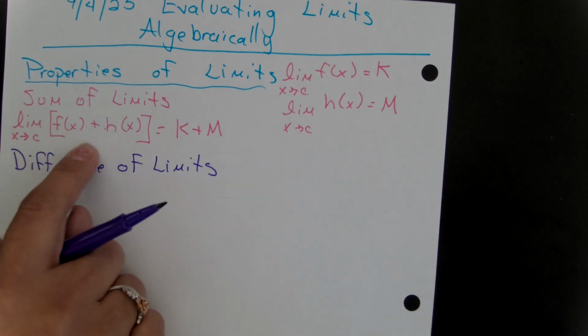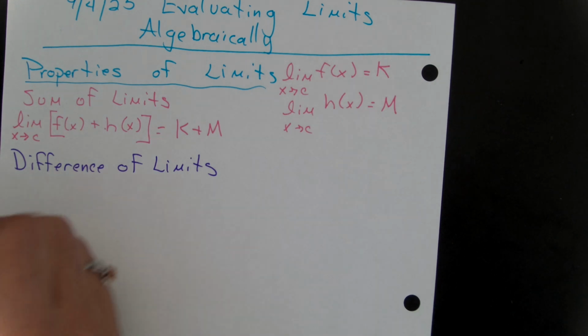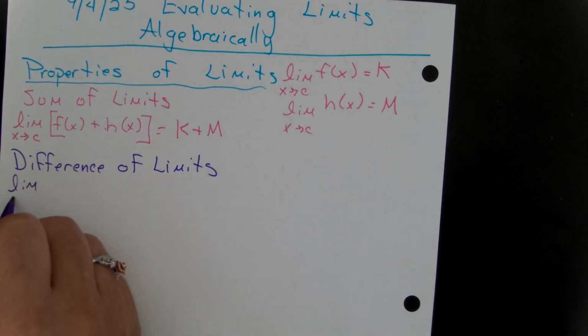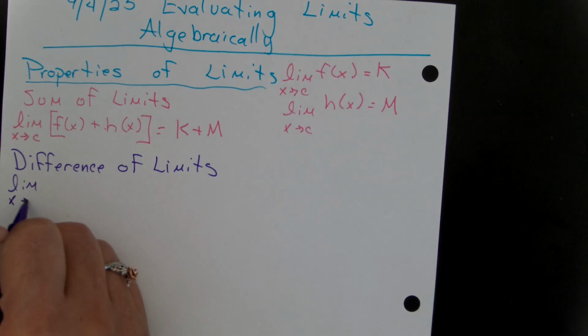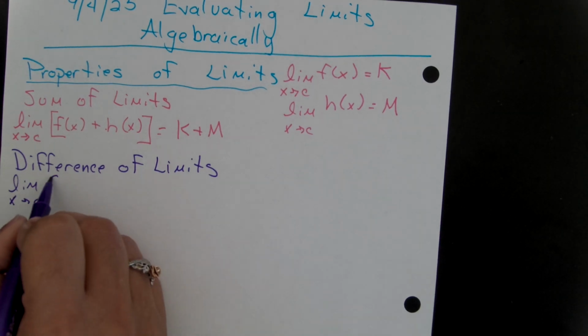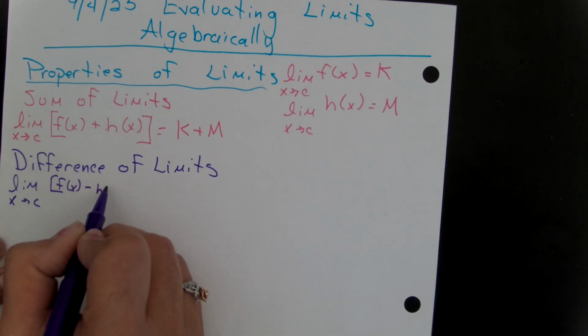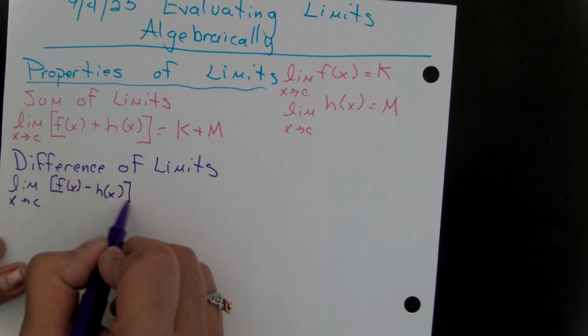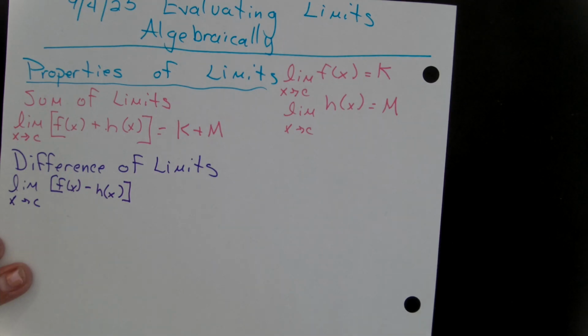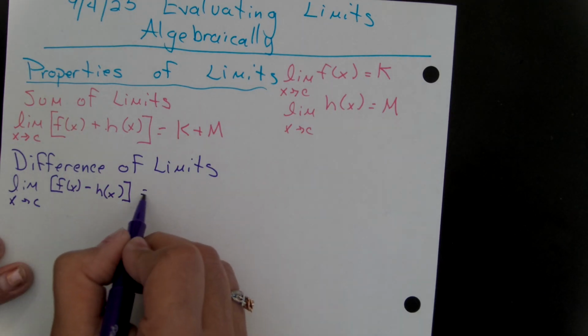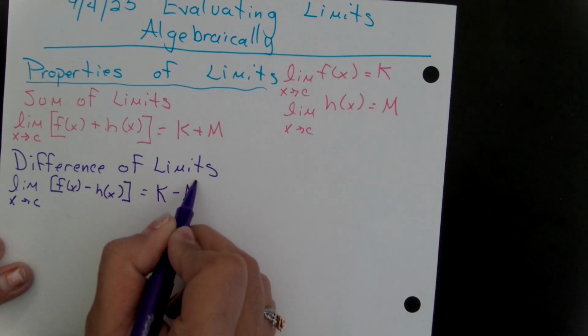So if sum is addition, subtraction. So I'm going to take the limit as x approaches c of f of x minus h of x. Then I can subtract their limits.